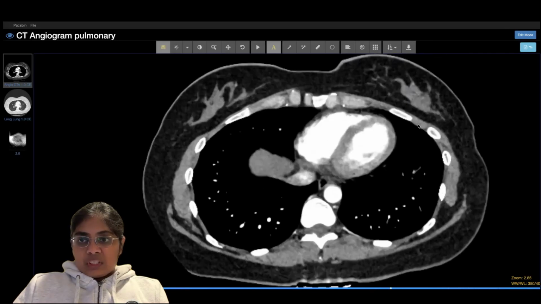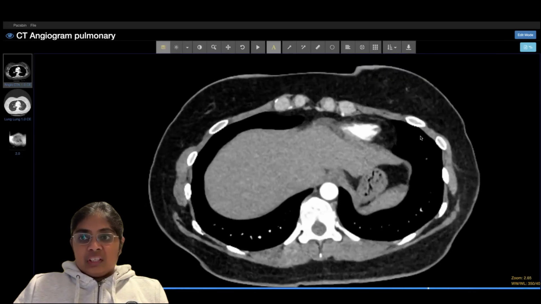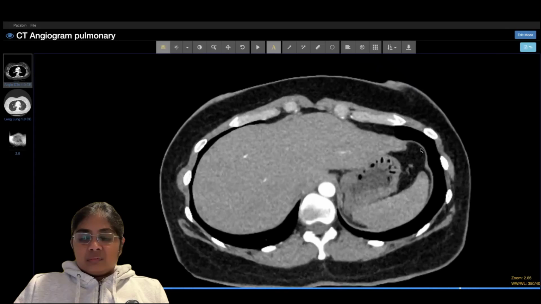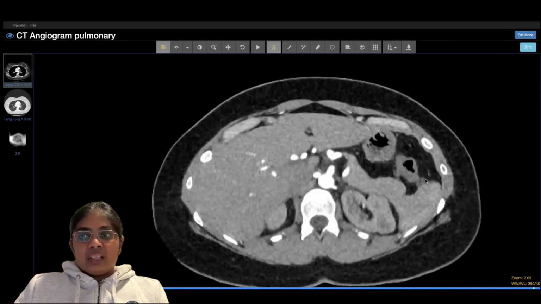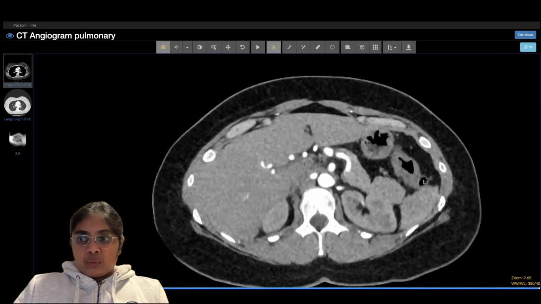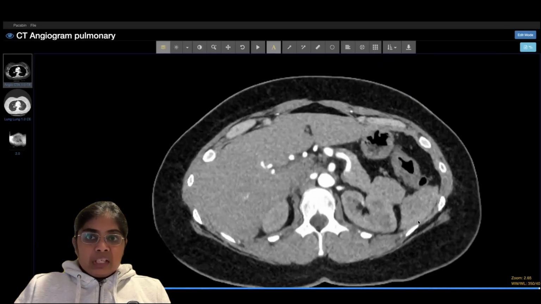And once we've come down to the upper abdomen, part of which is imaged on a CTPA, it is important to have a look at the imaged abdomen to ensure that there is no pathology that we can see here. So we've looked at the pulmonary arteries, the mediastinum, and the upper abdomen.